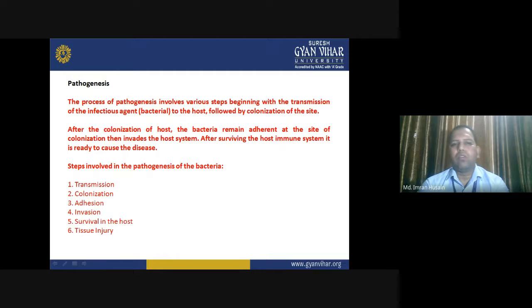So what are the steps involved in the pathogenesis of bacteria? The common steps are transmission, colonization, adhesion, invasion, survival in host, and tissue injury.